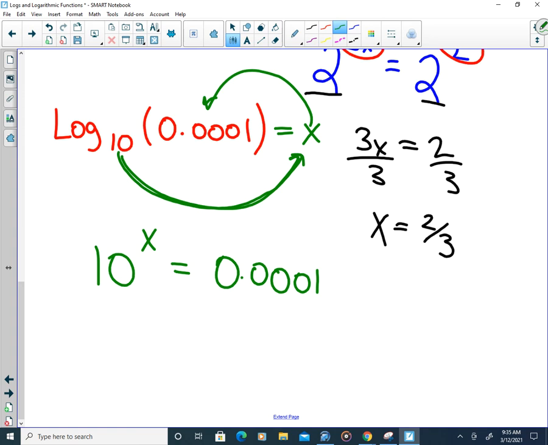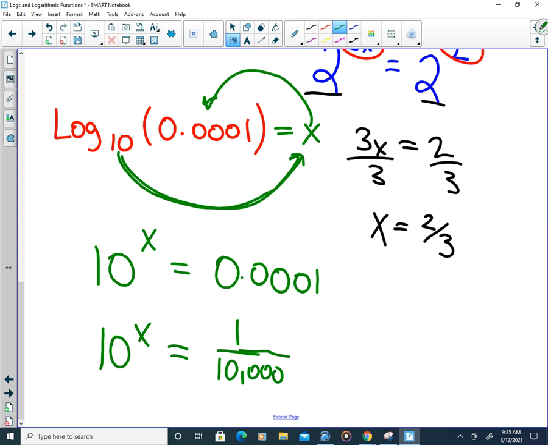Okay? I don't like decimals. So what I'm going to do is rewrite this decimal as a fraction. So what is 0.0001 as a fraction? Well, that's 1 over 10,000.